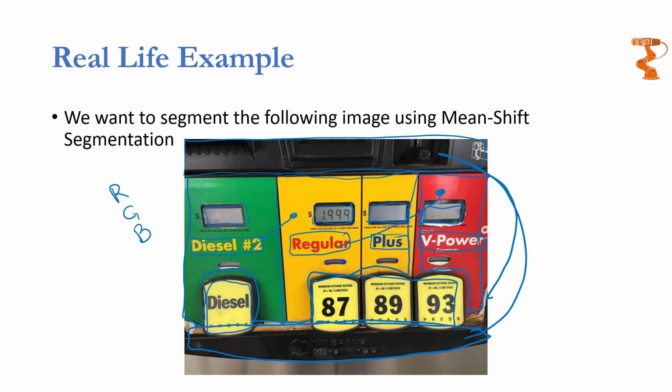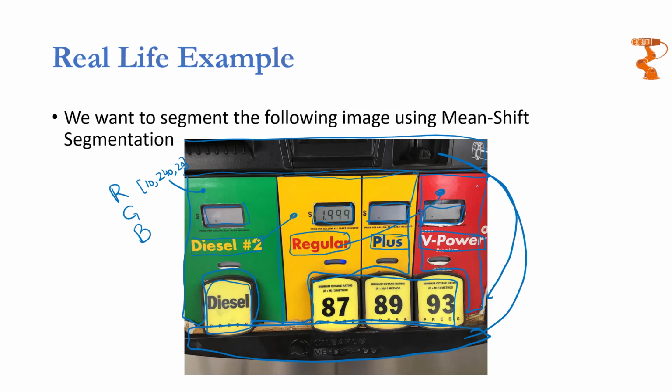So each data point, for example this data point, can be represented using three numbers. For example, this data point corresponds to green color. If this image is an 8-bit image, then it might be represented by a low value of red color, a high value of green color, and a low value of blue color. So these 3 numbers might be representing this pixel over here.